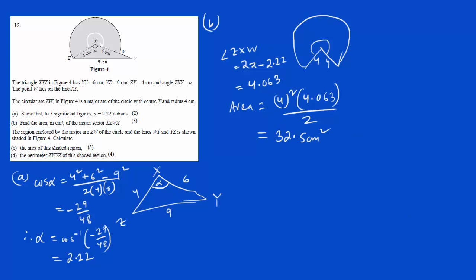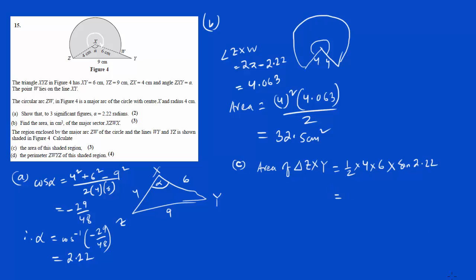In question C, we have to find the area of the shaded region, which is made up of the major sector and the triangle. Since we just found the area of the major sector, let's find the area of the triangle. Area of triangle ZXY is half ab sine theta. So half, a is 4 and the other side is 6, and theta is 2.22, all in radian mode.